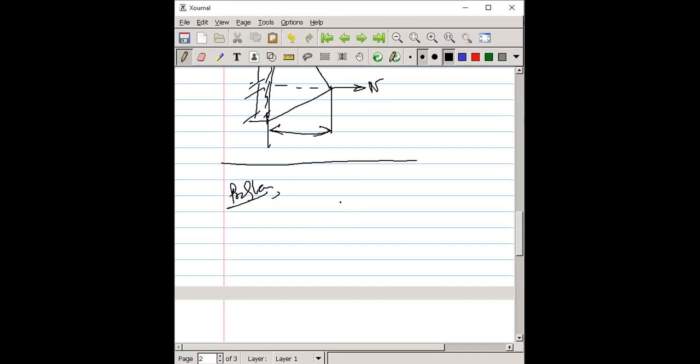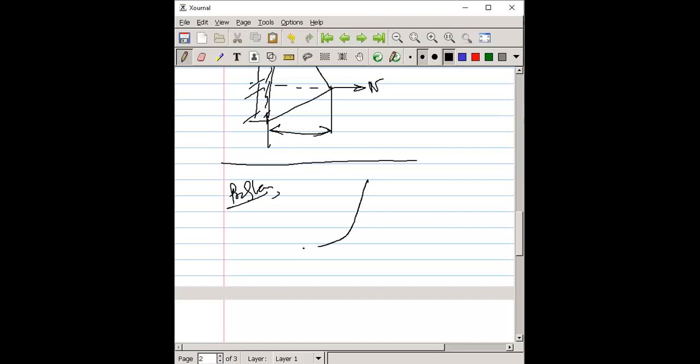Remember one thing, sometimes you have to find the coefficient of friction or frictional force, and sometimes, as in the present case, you may have to find a range of the applied force to maintain the system in equilibrium. So let's do some numerical problems so that your concept is a little clearer.